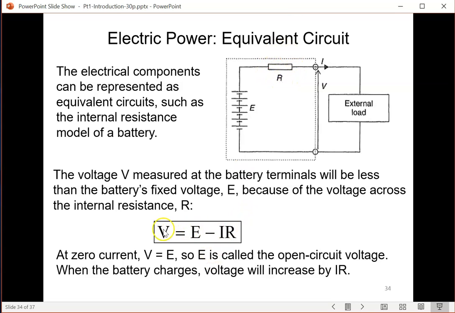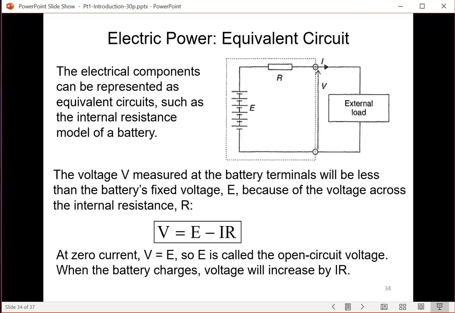Now in this case, V will equal E. That's why if you take a battery and measure it using a multimeter, you see a voltage. But if you connect a battery to a circuit, the voltage between the two terminals of a battery can well be lower because now you have current flowing in the system.